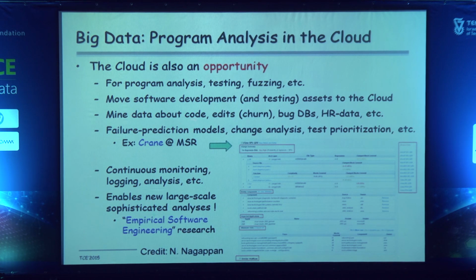For instance, at Microsoft Research, we have tools that are starting to emerge and are being used in production that mine data about the code, such as code complexity and code churn, right? And then the bug database, the history of the code and what kind of bugs there were, and HR data, so who's touching the code, in which organization, is it a tester or a developer, how senior or junior is the person, and so on.